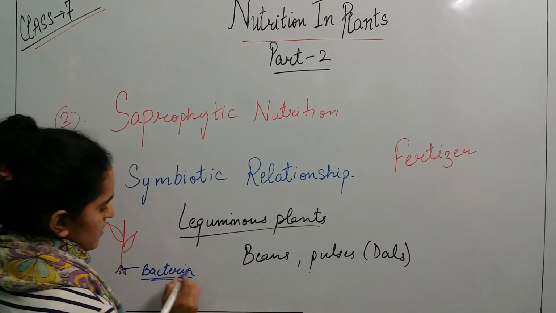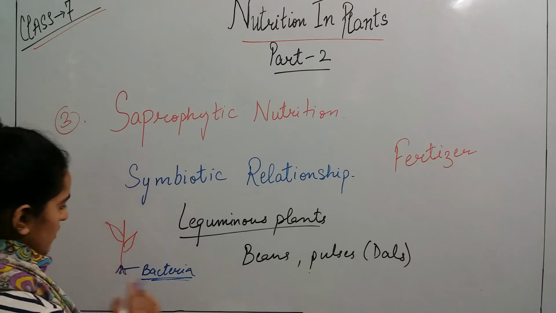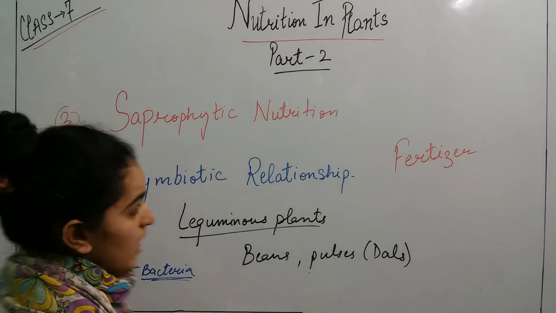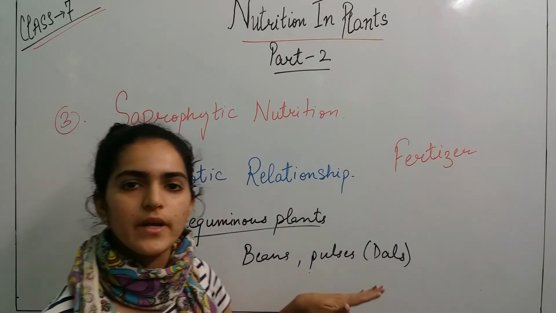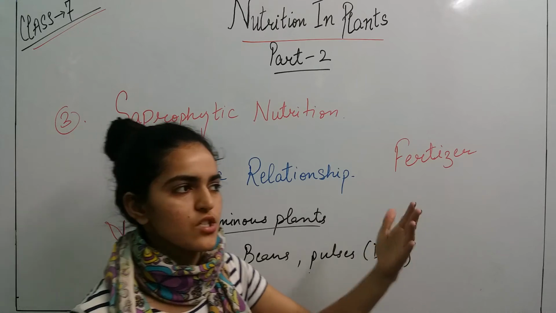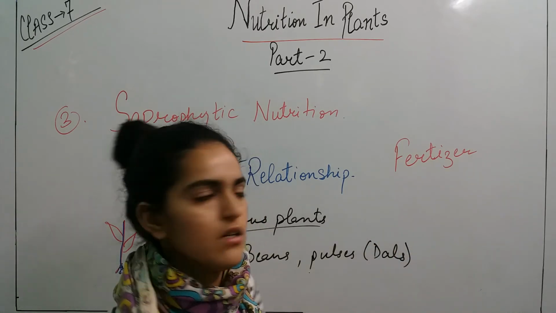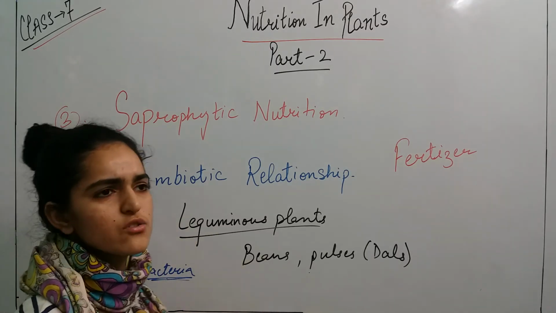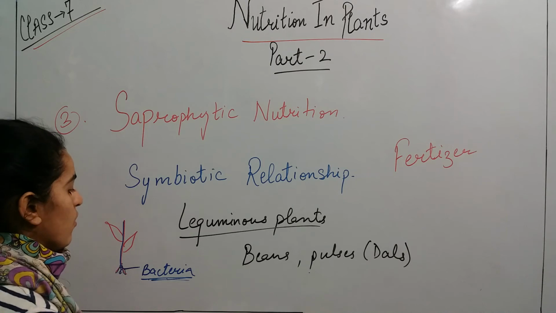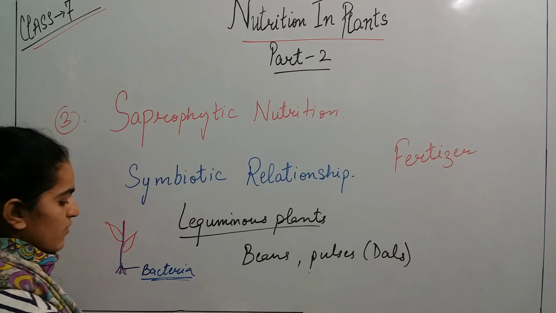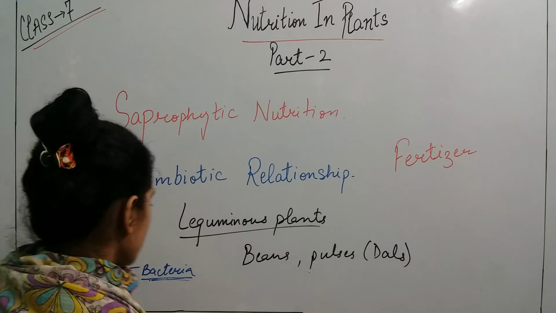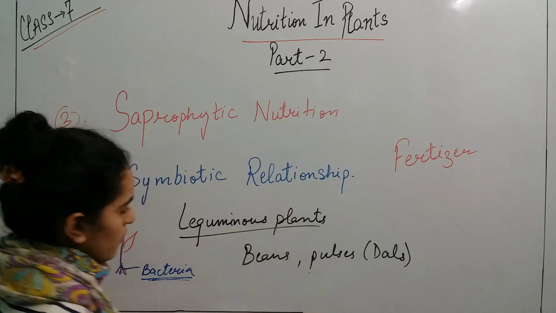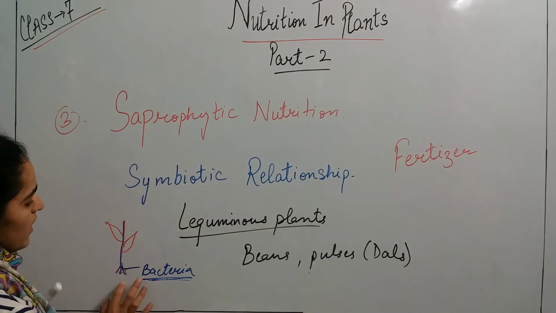Here bacteria is present, for example rhizobium, and this is a plant, this is bacteria. I have told you that nitrogen cannot be absorbed by the plant as such. It is present in gaseous form in the air, so the plant cannot absorb it in such form. It has to be converted into soluble form. So that is the function of bacteria.